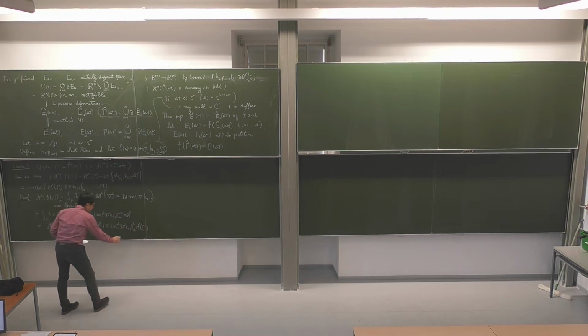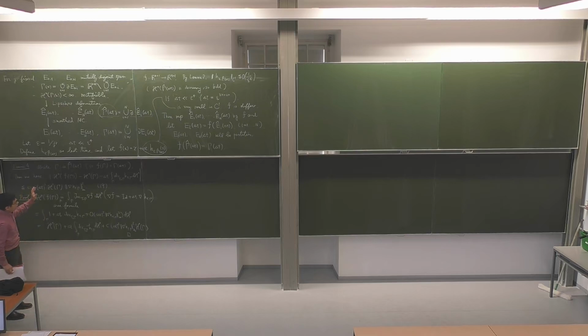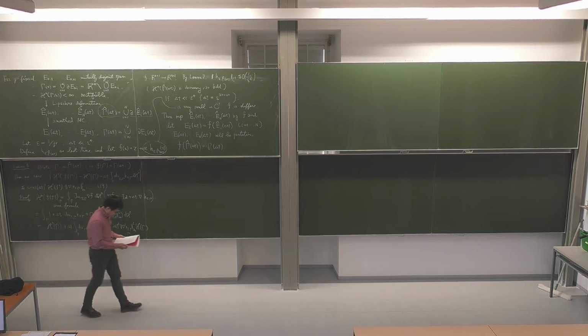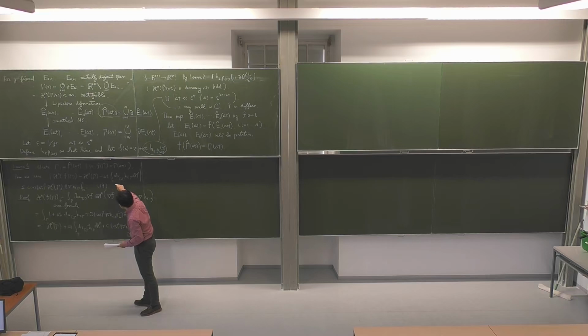Okay, so that's all. I guess it's fair enough, right? If you subtract these two terms from both sides of the right hand side, that's what you get. No problem, I hope.